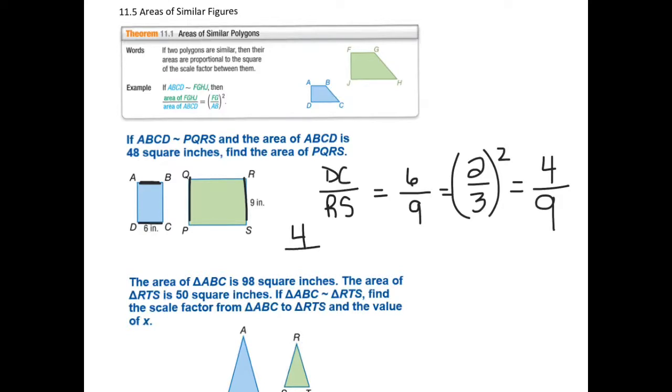4 over 9, the areas of ABCD equals to PQRS is 48 over X. And then I'm just going to also multiply this up with that. 4x equals 48 times 9.